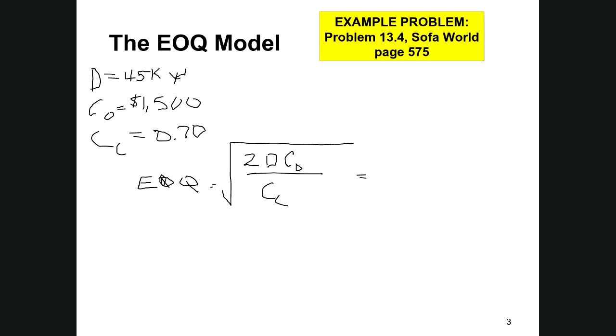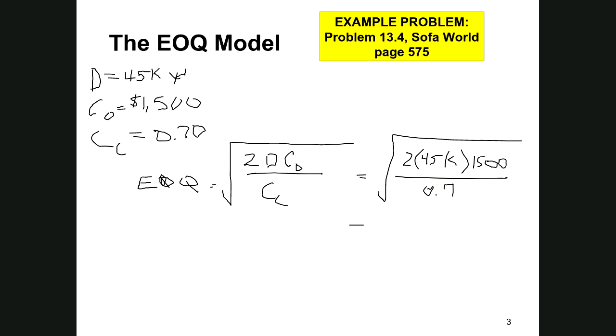And of course, when we substitute in, square root of 2 times, I'm not going to write all of these zeros, but it's 45,000 times C sub O, which is 1,500. And all of that's going to be divided by 0.7. And when we do the arithmetic, we're going to find out that our Q star is 13,887 yards is the amount that we're going to order each time.